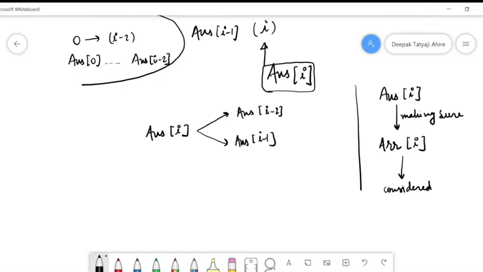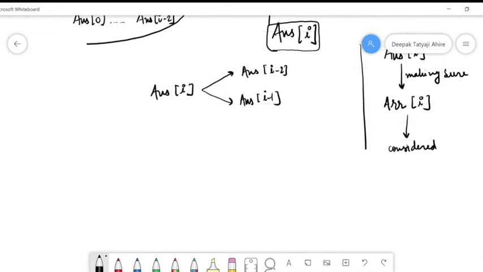So what does this mean? Let's say I have an array of 2, 1, 3, 4 and 5, and my current index at this time is 3.